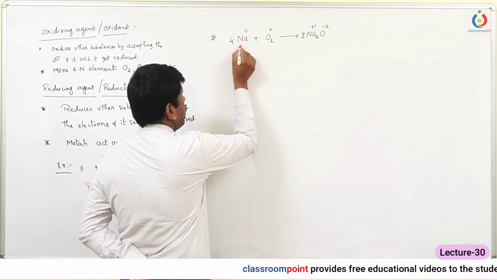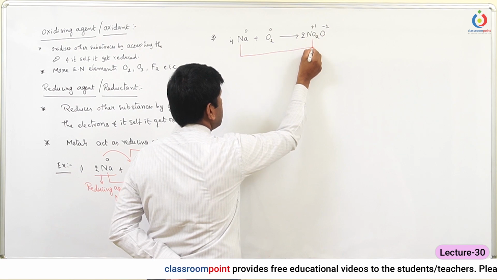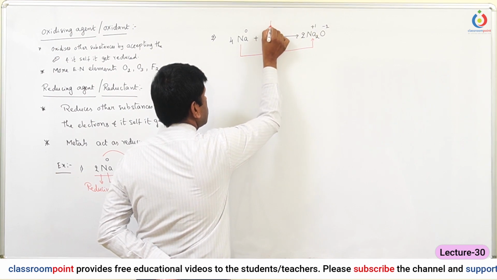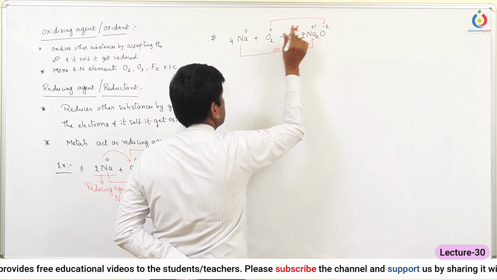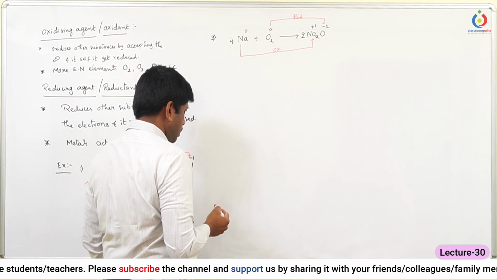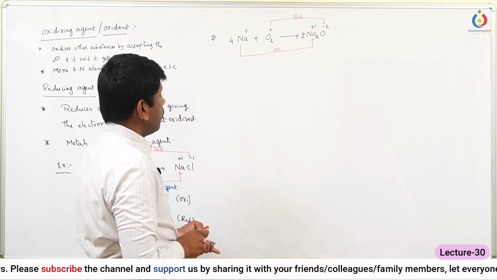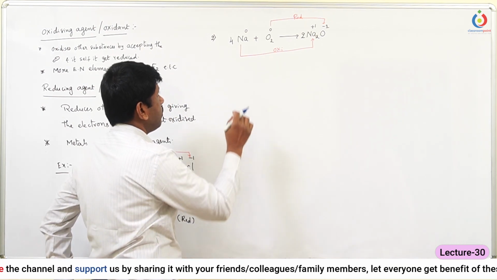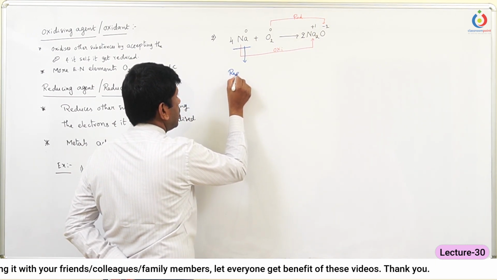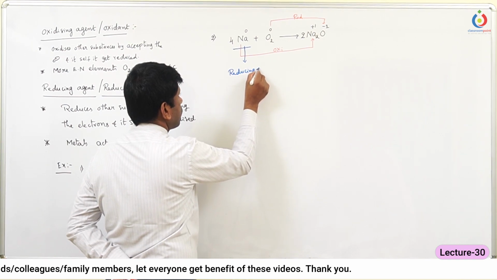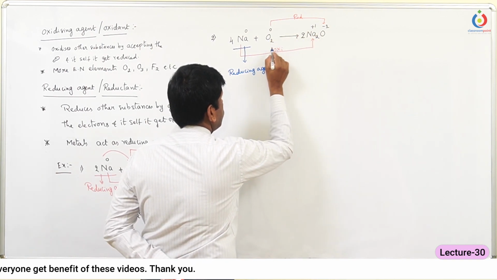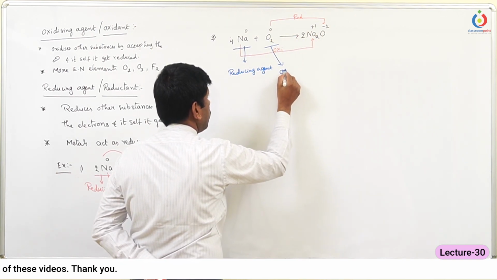We can easily say that the oxidation number of the sodium is increased from 0 to +1, so it is called the oxidation process, whereas oxygen oxidation state decreased from 0 to -2, so it is called the reduction process. And in this case, which gets oxidized? Sodium gets oxidized. So that's why sodium is known as the reducing agent. And which gets reduced? Oxygen gets reduced, so oxygen is called the oxidant.